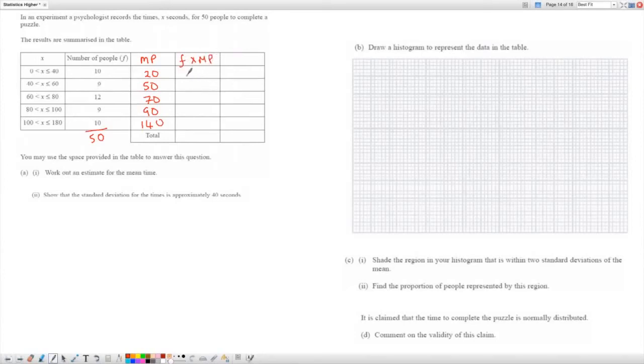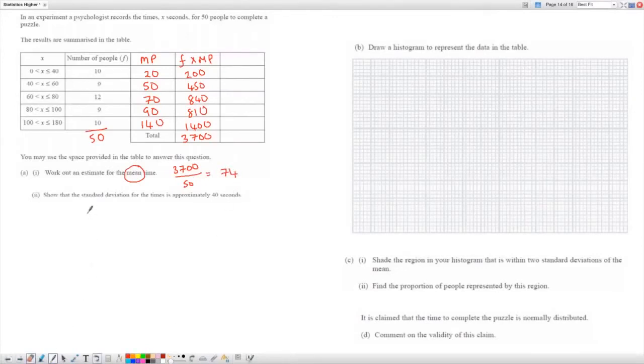We then have our values shown here: 200, 450, 840, 810, 1,400. Adding up all the numbers in this column, our total comes to 3,700. We can now work out the mean. 3,700 divided by 50 equals 74.